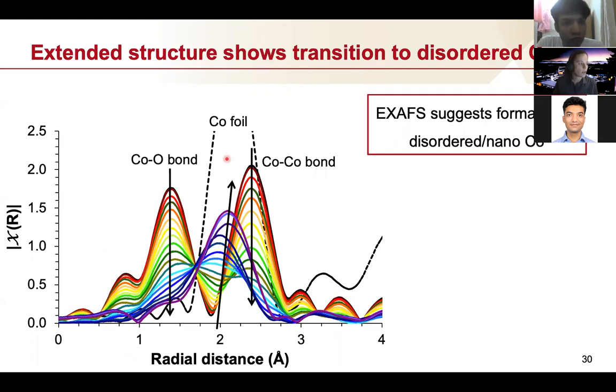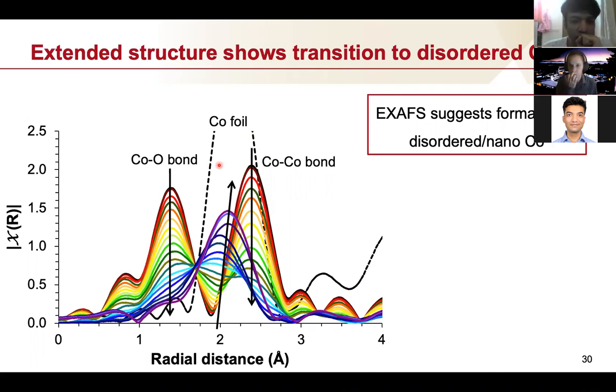So we have a cobalt oxygen bond here, a cobalt cobalt bond here. They both decrease as you're reducing the lithium cobalt oxide, and a third peak for cobalt metal starts to grow in. It's not nearly as strong as you'd see in cobalt metal foil, and that's because it's disordered.